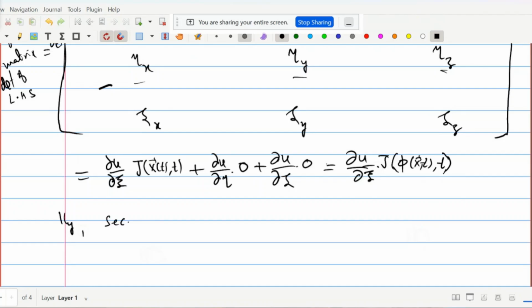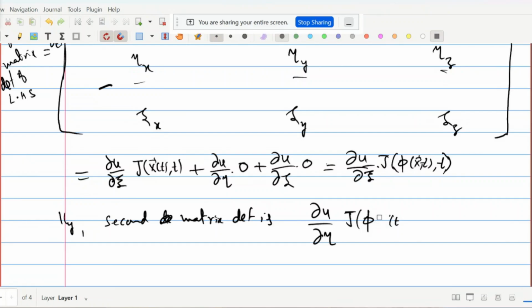the second matrix determinant is ∂u/∂η into the same Jacobian, phi of x(t), comma t. Sir, ∂u or ∂v?